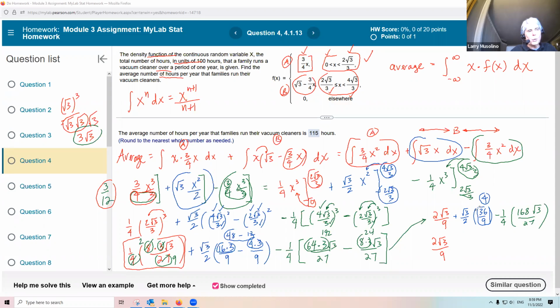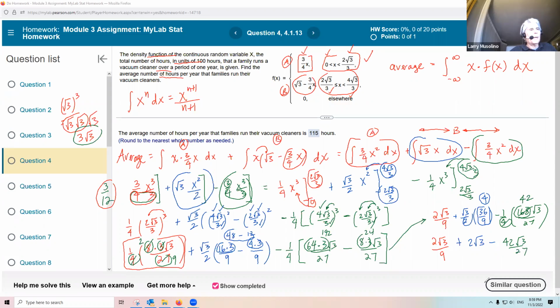And then this 4 divided by 2 is a 2. So I think this is just 2 square root of 3 for that one. All right, let me come back here to the green. I have a 168 over 4. That's a 42. So this is going to be 42 square root of 3 over 27.